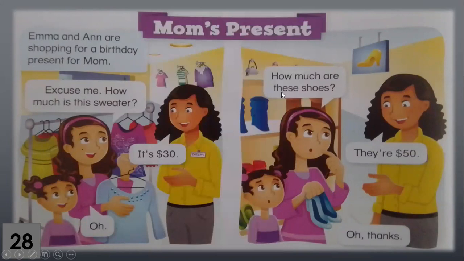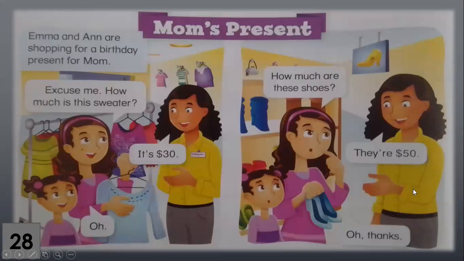Now in this second picture, we can see the girl, Emma, is asking, but this time she's asking about these shoes. So the question is, how much are these shoes?